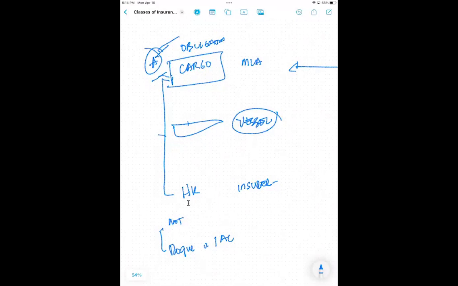But there are other ships available. Kaya nga siya common carrier, right? So there are other ships available, and it is the obligation of the cargo owner to look for a reliable carrier that is fitted to undertake the voyage.